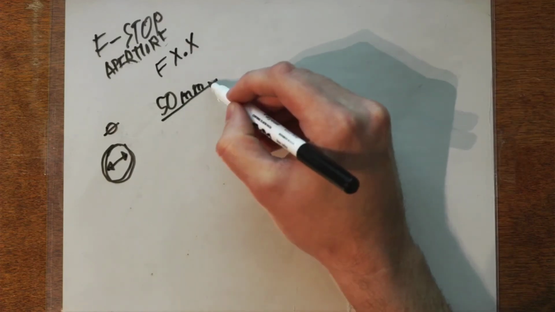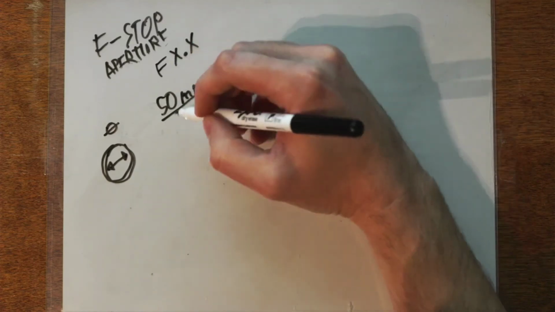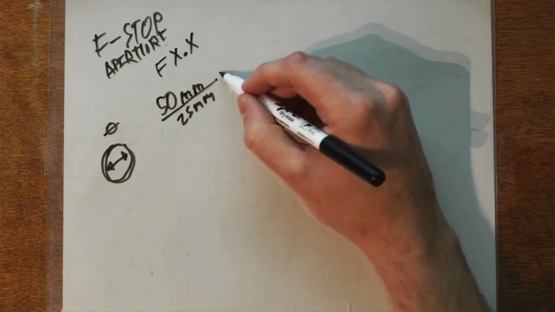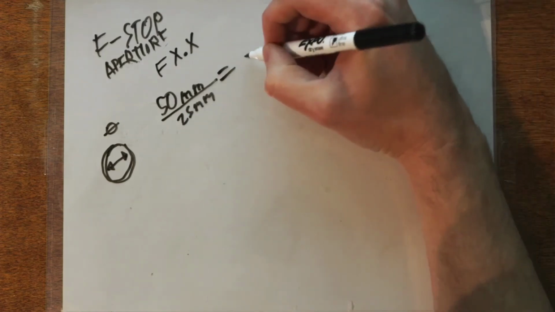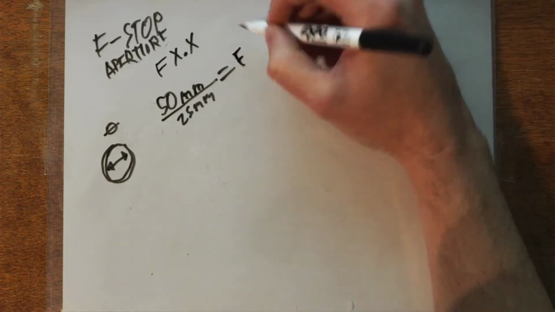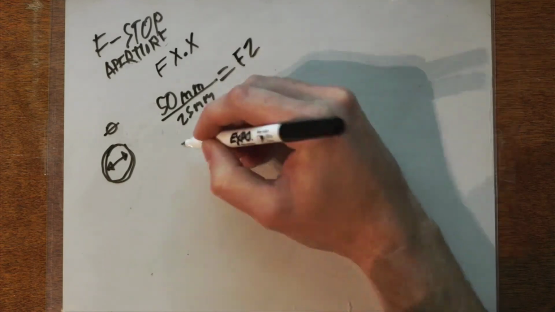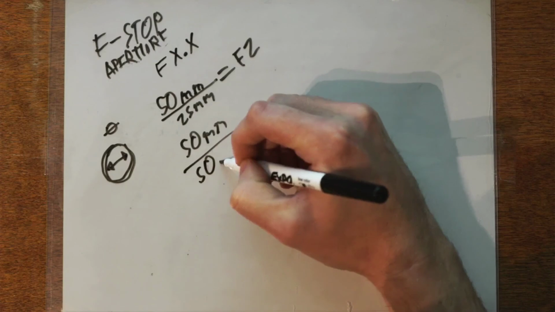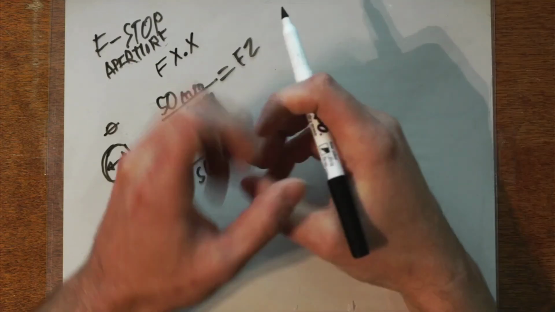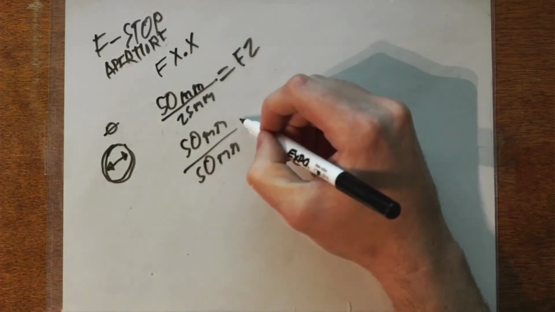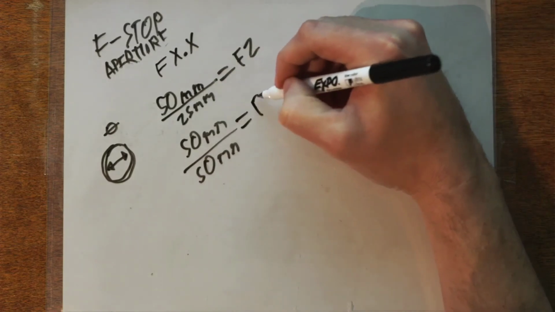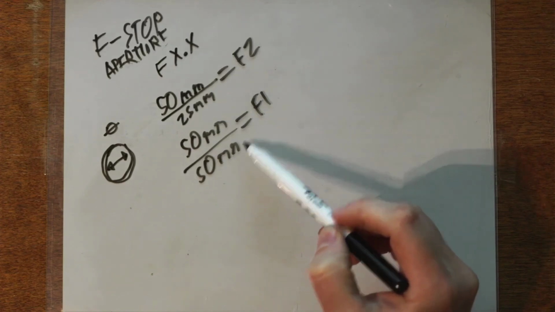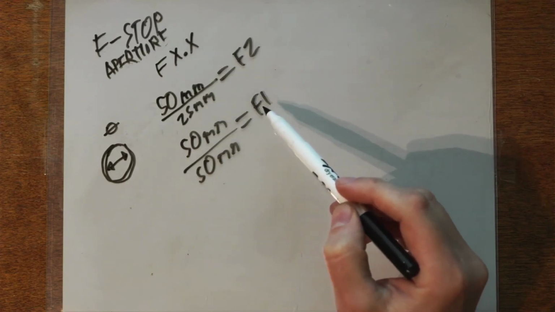So if I have a 50 millimeter lens with a 25 millimeter aperture hole, I just divide those. 50 divided by 25 is f2. If I have a 50 millimeter lens with a 50 millimeter hole, a brighter lens, we got a bigger hole, we got more light shoving through there, we get an f1 lens. So the more light we get, the lower this number is going to be.